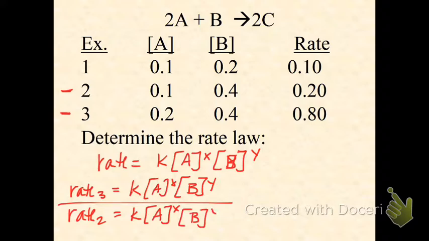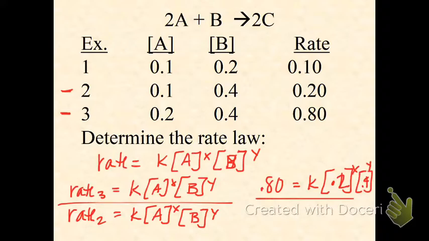So then I basically plug in what I know from the problem. Rate is 0.8 equals k times 0.2^x times 0.4^y, divided by 0.2 equals k times 0.1^x times 0.4^y. So I can cancel out k, right?